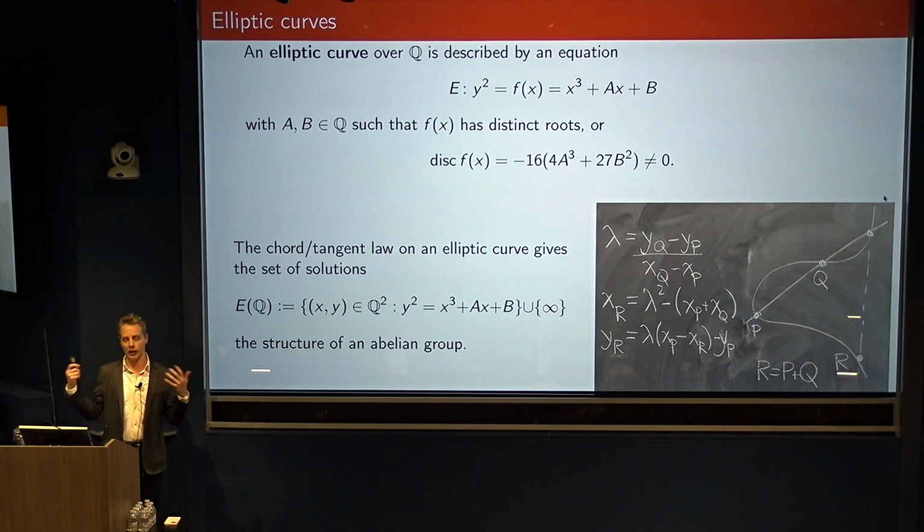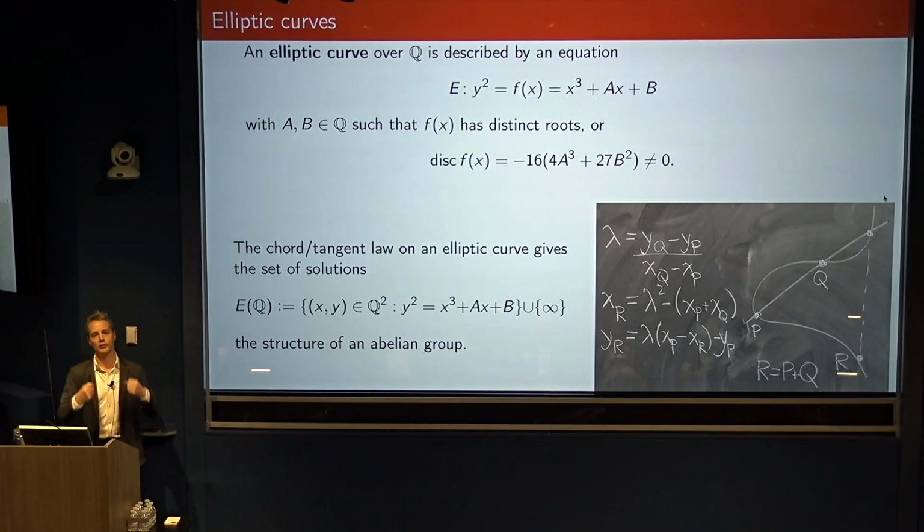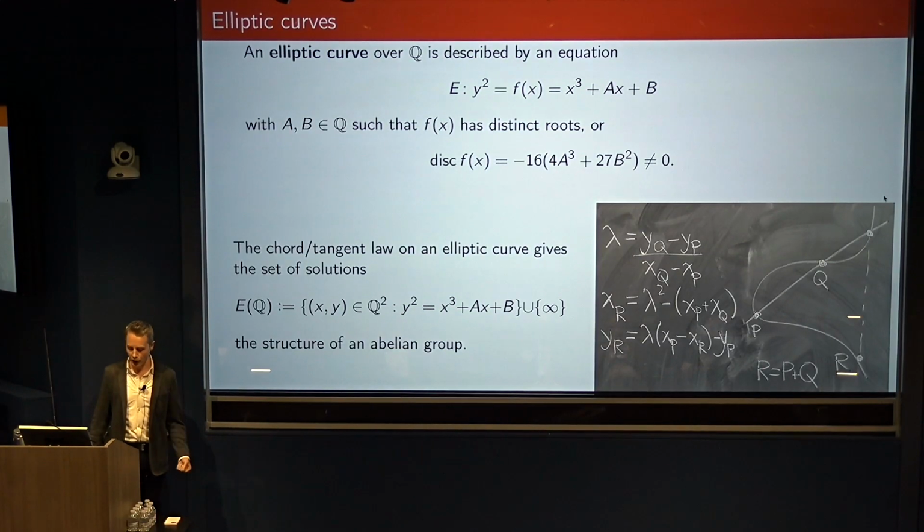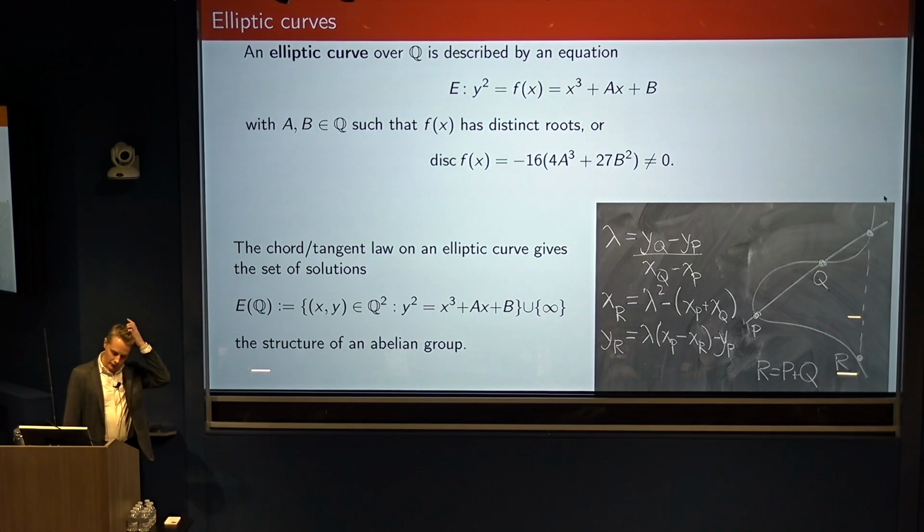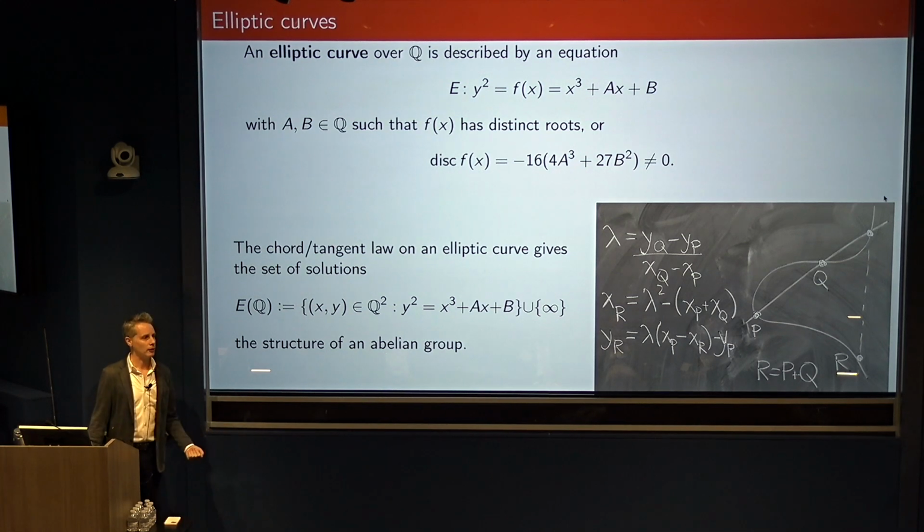More variables get more complicated, and these are really the first and simplest ones. They're the simplest non-trivial algebraic groups. So this group law described by polynomial equations are really the simplest ones. I guess the universe is not an elliptic curve. But maybe some of the dimensions are Calabi-Yaus, and elliptic curves are one-dimensional Calabi-Yaus.